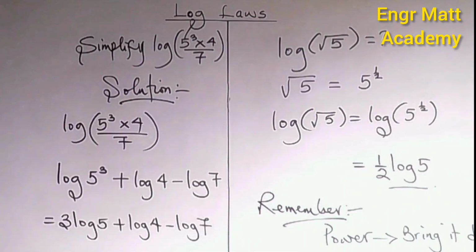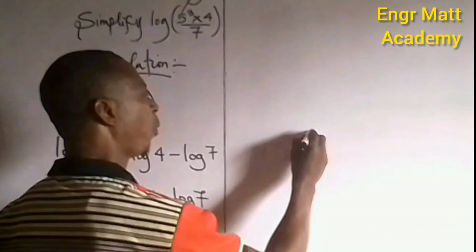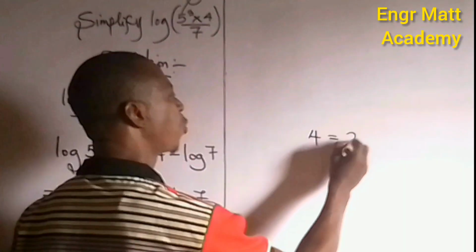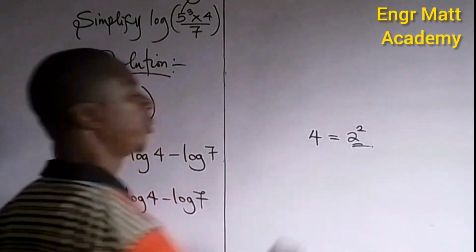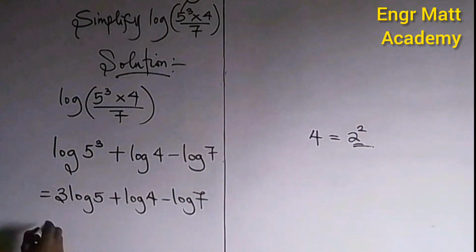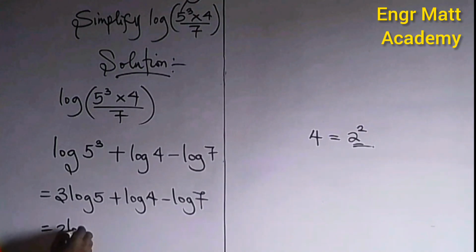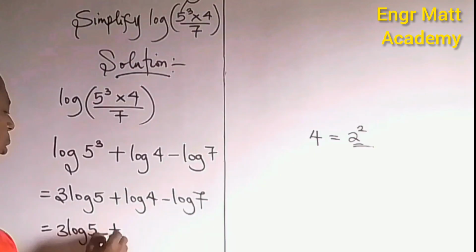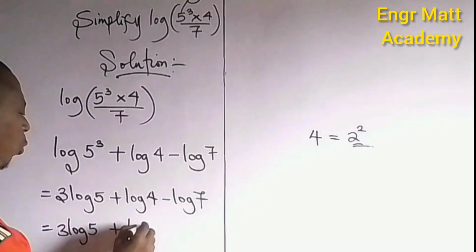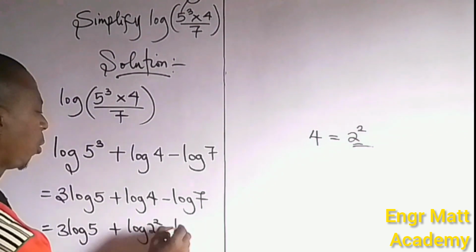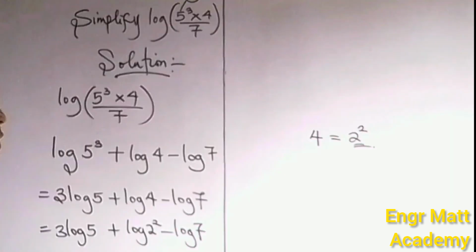Is there any way we can simplify this further? No. What about this? Yes. 4 is the same thing as 2 to the power of 2, right? So we can now say 3 log 5 plus log 2 to the power of 2 minus log 7. So we now have another log with power, and we apply the power rule.